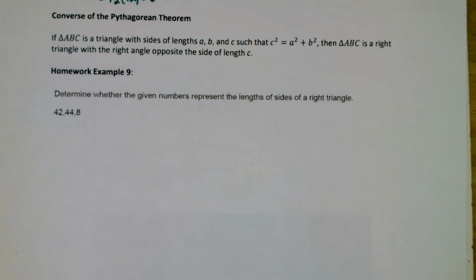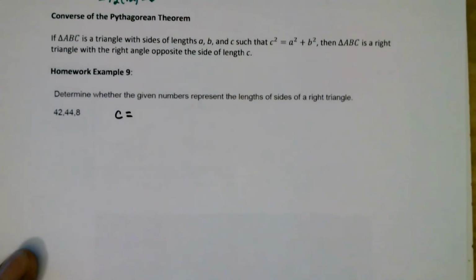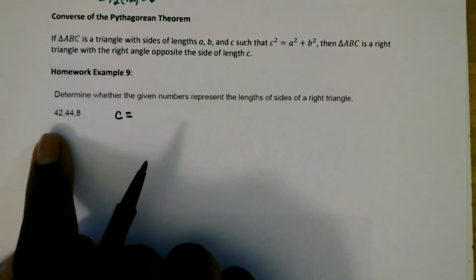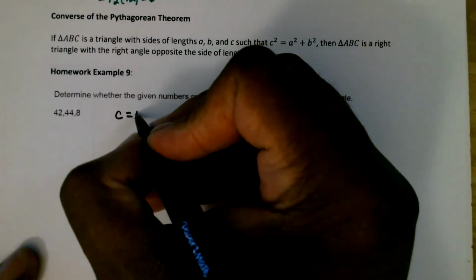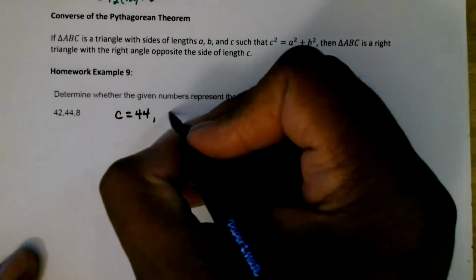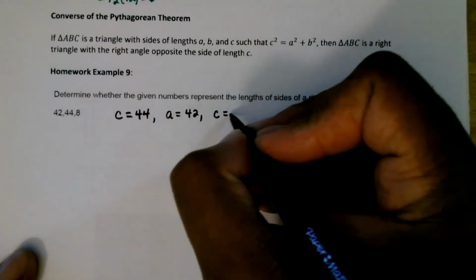Now we have to choose our hypotenuse, which is going to be C, very carefully. The hypotenuse is the longest side. So the longest side of these 3 is 44. So C will have to be 44. And we can let A be 42 and B be 8.